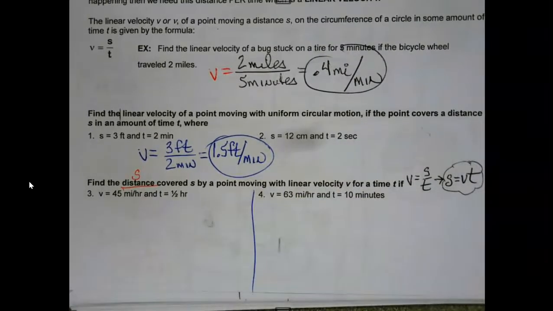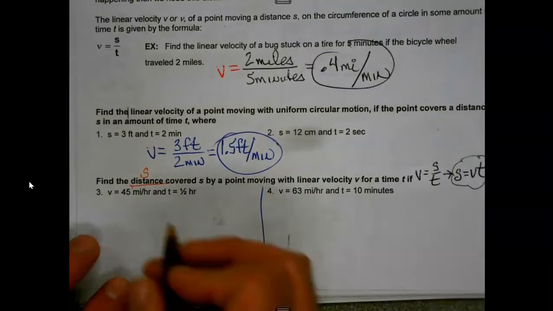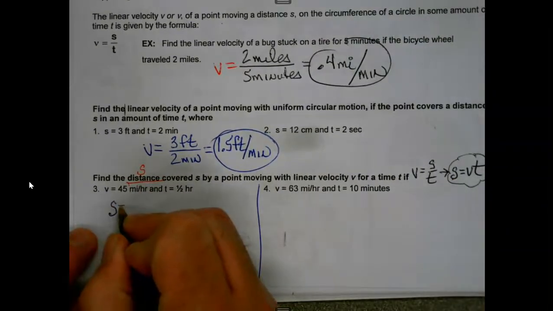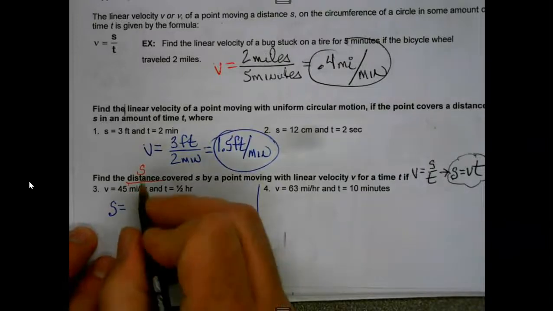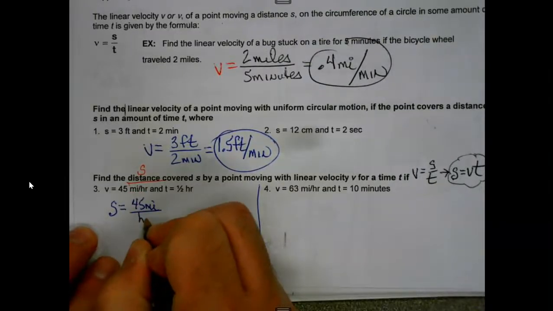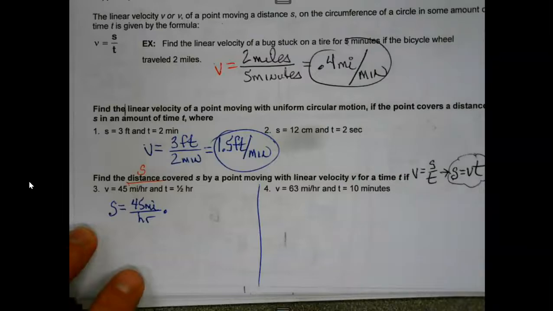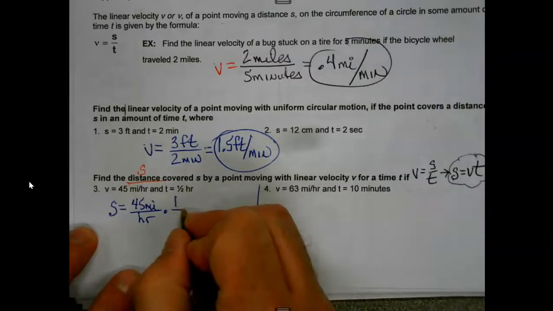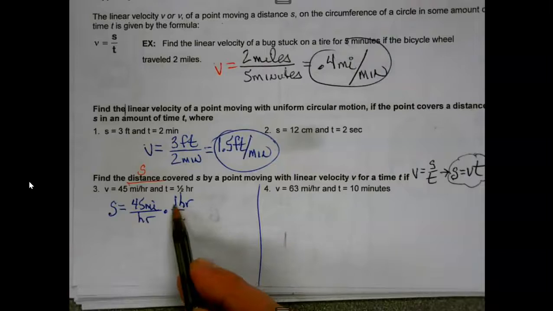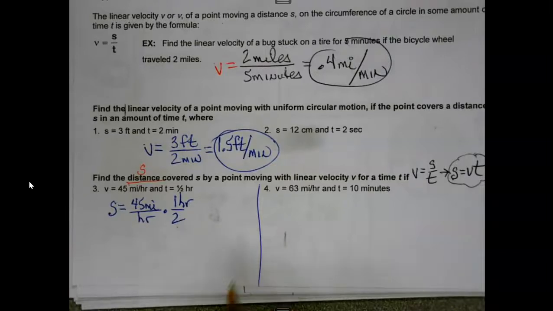But for what we're doing, if I've made this adjustment, my distance is going to be 45 miles per hour times 1/2 hour. Or you could say 0.5 hours over 1 if you wanted to go to decimals.